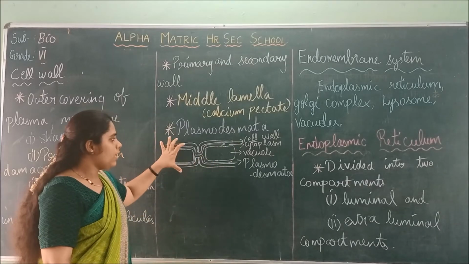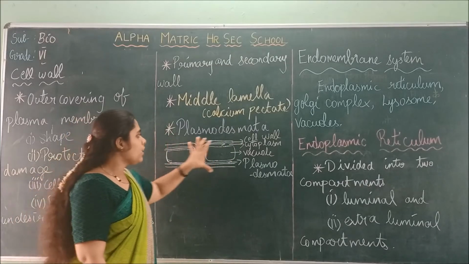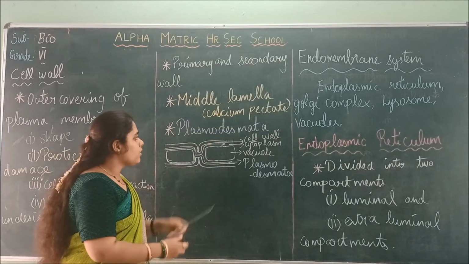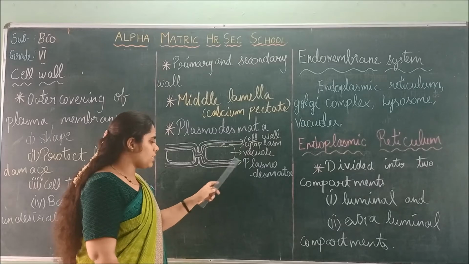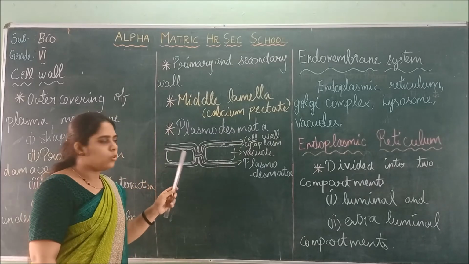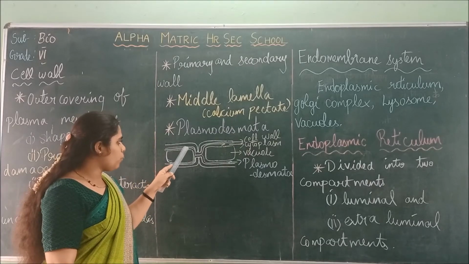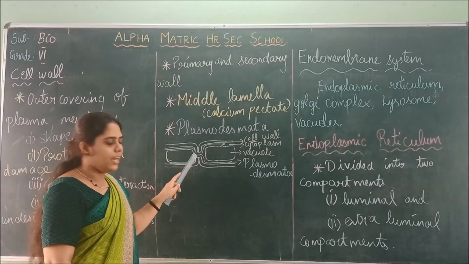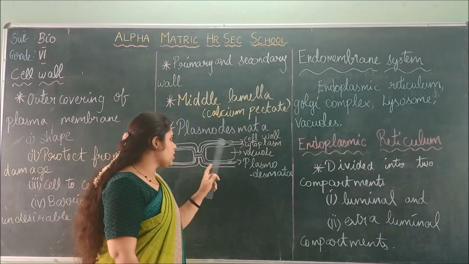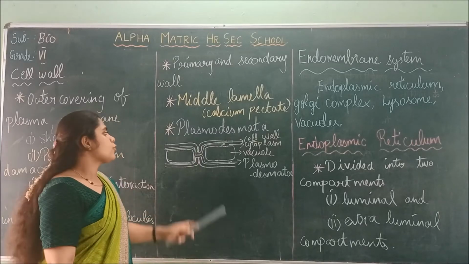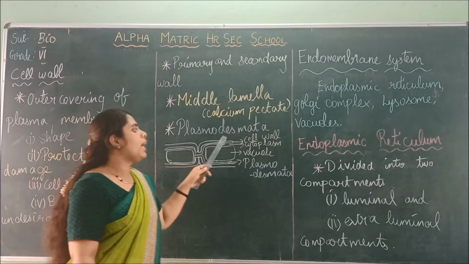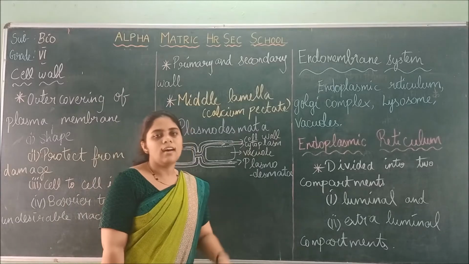Here one cell is there, here another cell is there, the cell wall is present and cytoplasm will be present and in the center we can find vacuoles. The cytoplasm of this cell and the cytoplasm of this cell is connected by some means. That is called plasmodesmata.